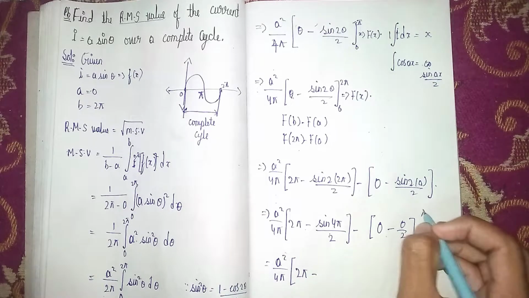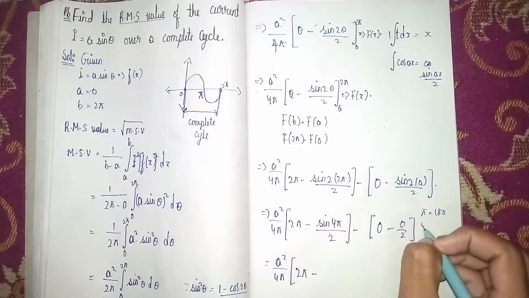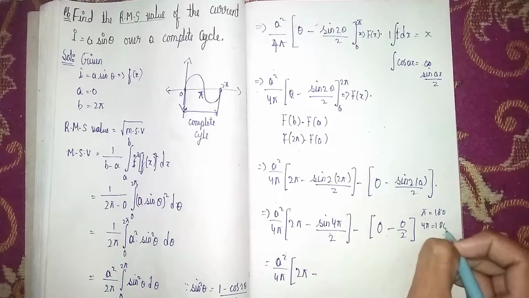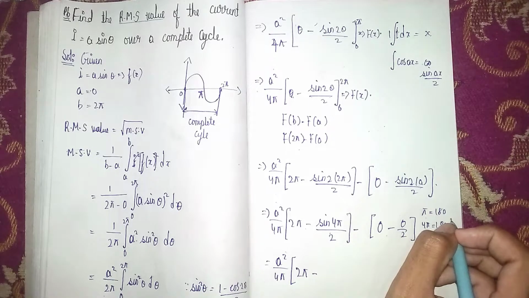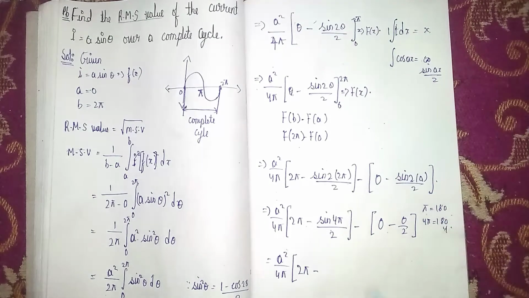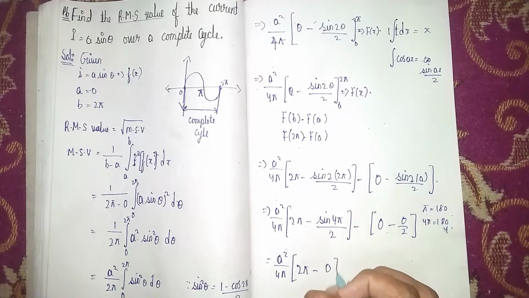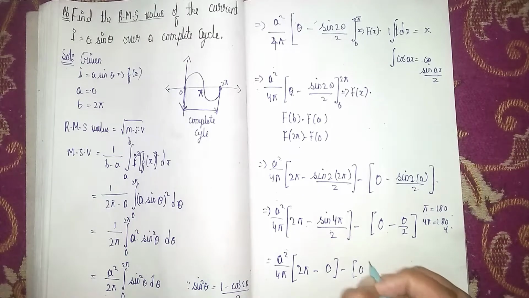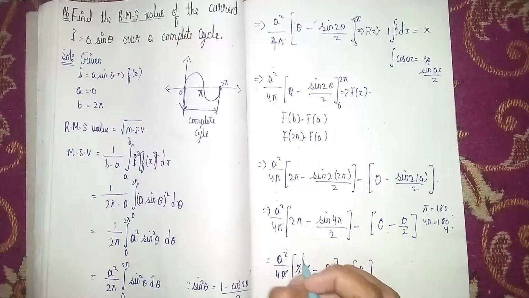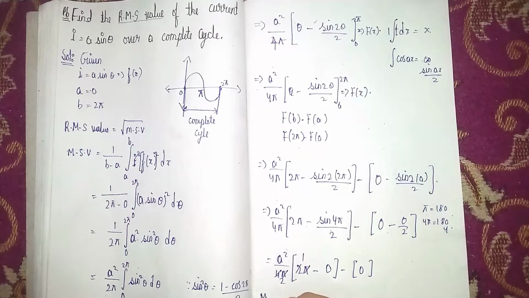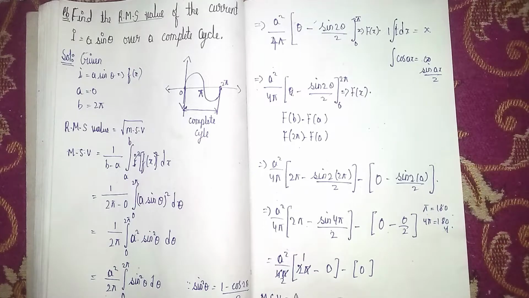In trigonometry pi is equal to 180, so 4 pi means 180 into 4, which is 720. Sine 720 is equal to 0 only. So this function becomes 0, and this also becomes 0. Then this pi and this pi get cancelled. At last our mean square value is equal to A square by 2.